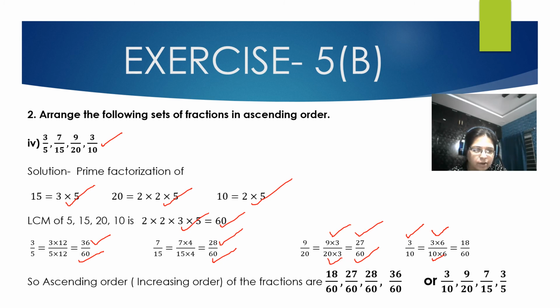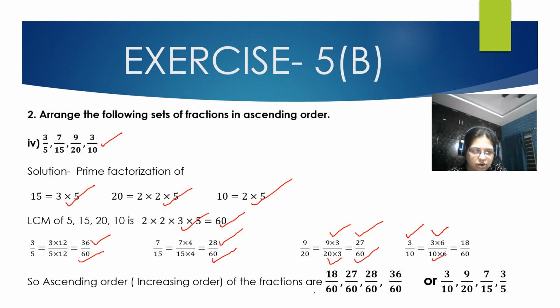When we compare like fractions, we just look at the numerator, and here 18 is less than 27, is less than 28, is less than 36.